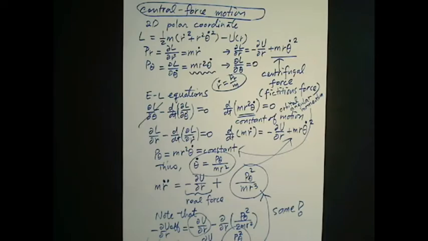Area velocity conservation law is the second law of Kepler. And that is exactly same as the angular momentum conservation of the central force. We proved that any central force is applied, the system's orbital angular momentum must be conserved.